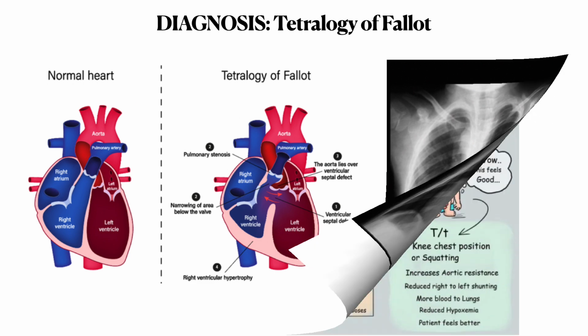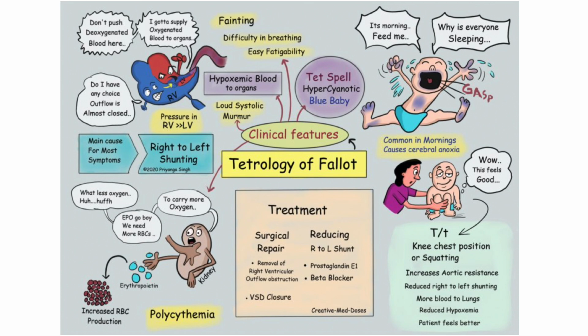So let's talk about this. This is the summary of this reason. So clinical features of tetralogy of Fallot, that is loud systolic murmur, that is already in clinical findings, right? Hypoxemic blood to organs and difficulty in breathing, fatigability and fainting, that is also called syncope, and tet spells, that is hypercyanotic, blue baby will be there, right? And then since there is lessened oxygen, right?